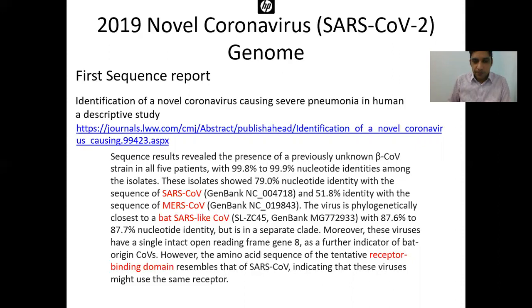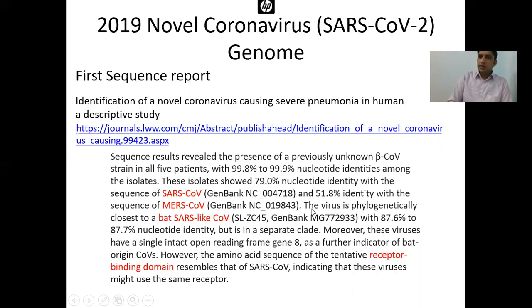And also the choice of a virus depends on the proteins which the virus uses to bind itself with the host receptors or the host cells. And the amino acid sequence also, remember the receptor binding domain here, this one, it also resembles the virus which was found to be present in the bats as well.